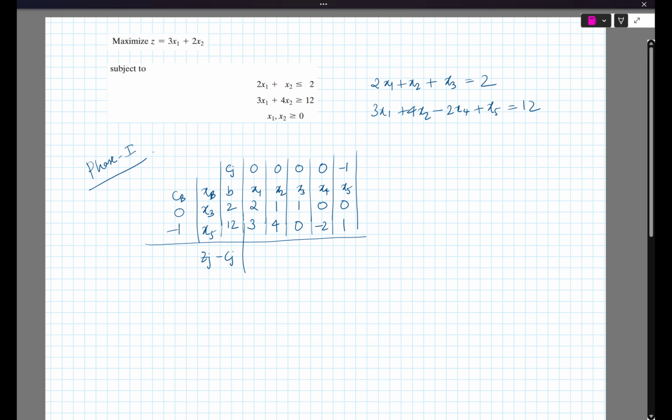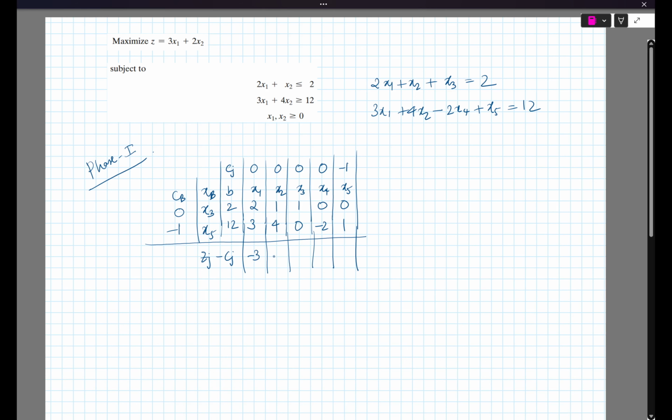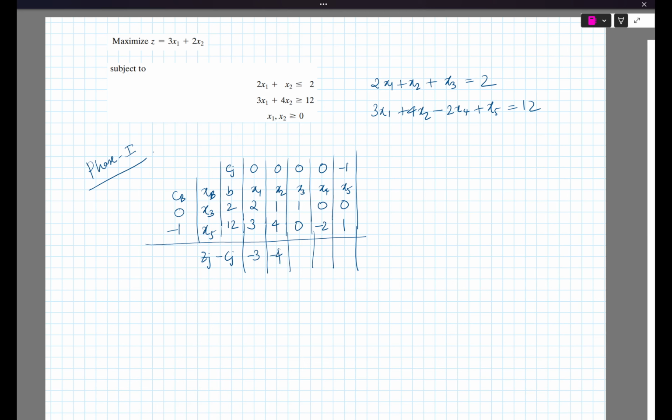So zj minus cj, we get minus 3, minus 4, 0, 2, minus 1.